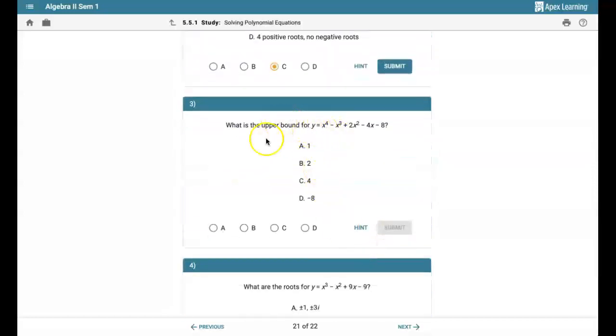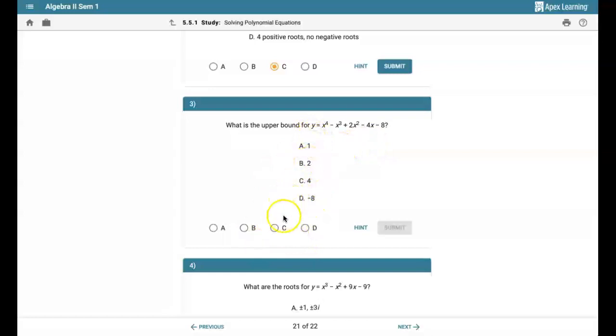What is the upper bound for this value? This would have to be tested. You can look here and see, well, negative 8's a low value, 1's a low value, and 2's a low value.